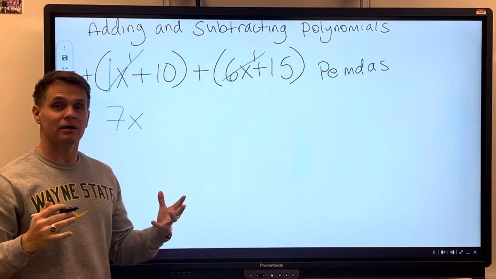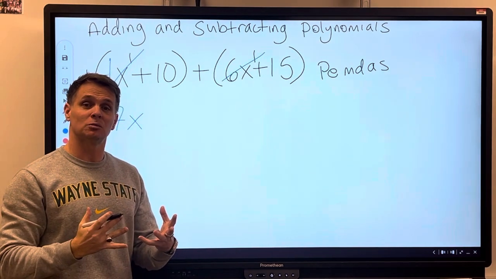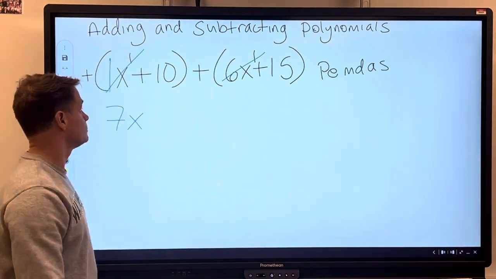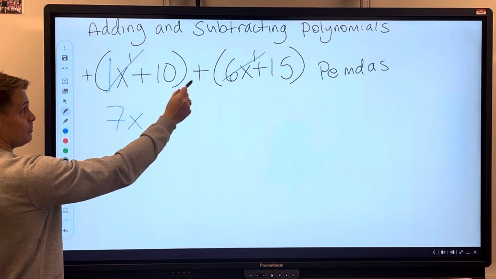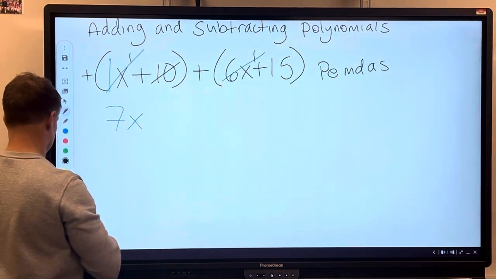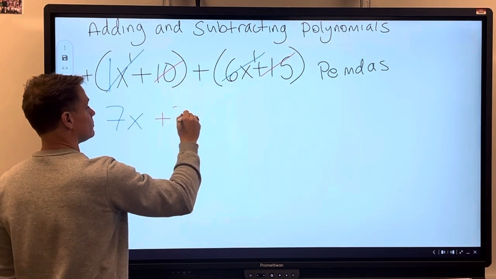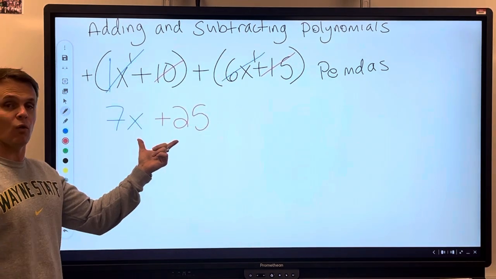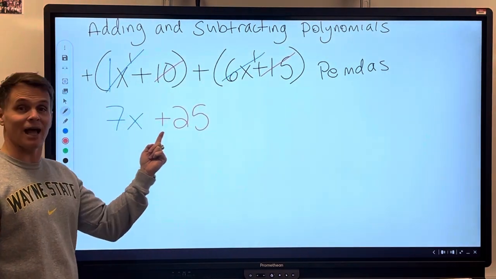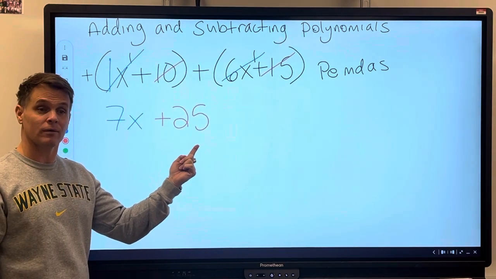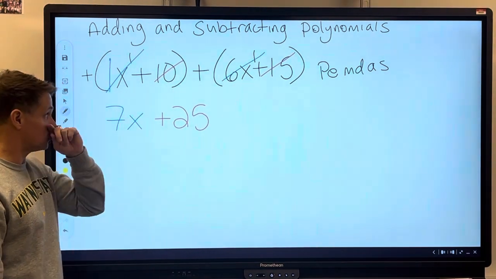And when I get done combining them, I like to cross them out. 10 plus 15 is 25. So this is the answer, 7x plus 25. Can't combine those any further.